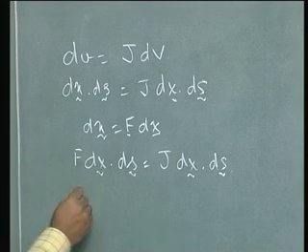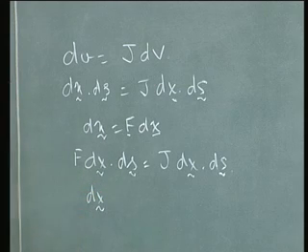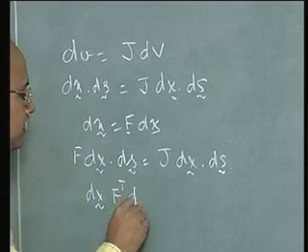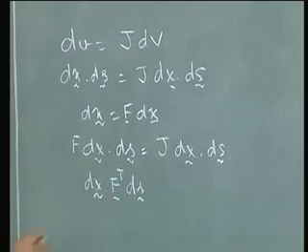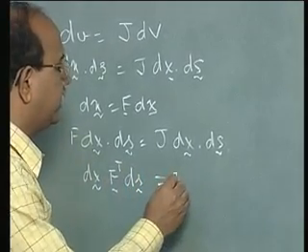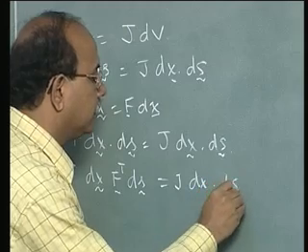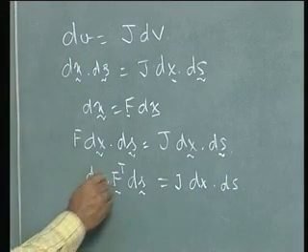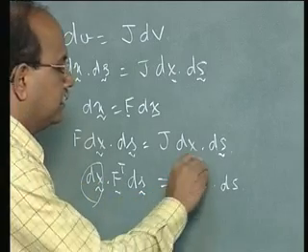Now using the definition of transpose, that can be written as dX dot F transpose ds is equal to J times dX dot dS. Now look at that, there is a dX here and there is a dX here.